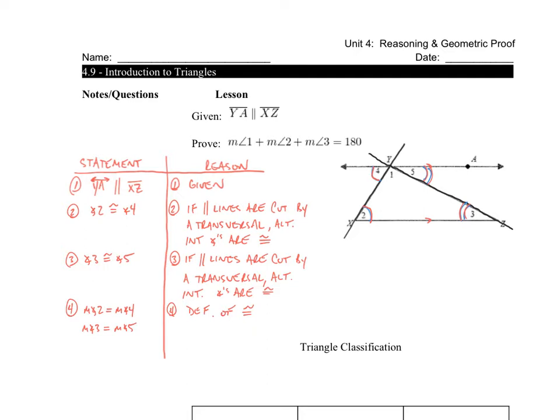Now we're really close. So I know that this angle here has the same measurement as that angle there. And I know that this angle here has the same measurement as that angle there. So now let's shift and discuss these 3 angles up at the top. Well, what do I know is true of those 3 angles?